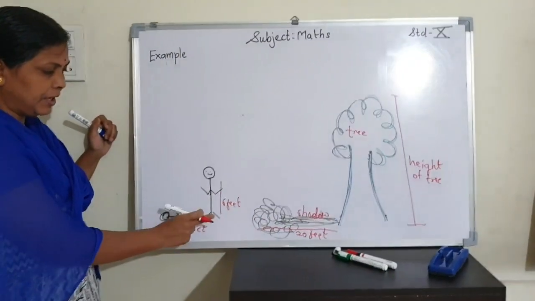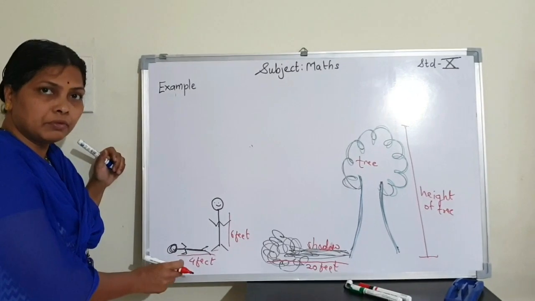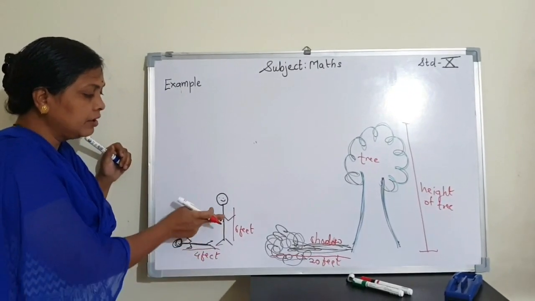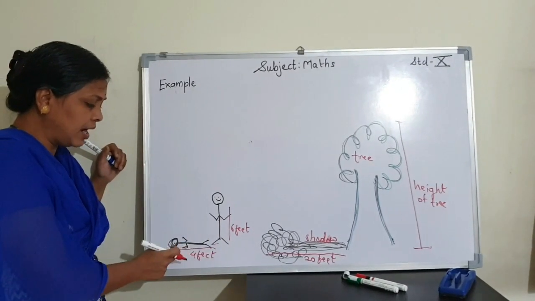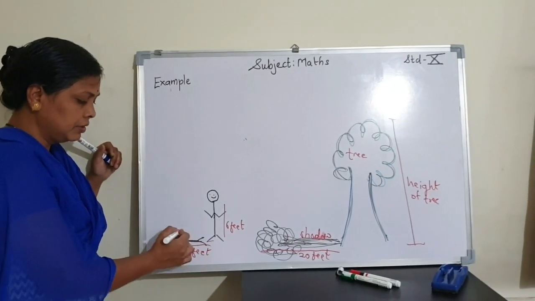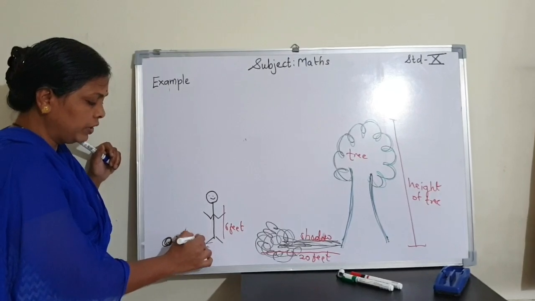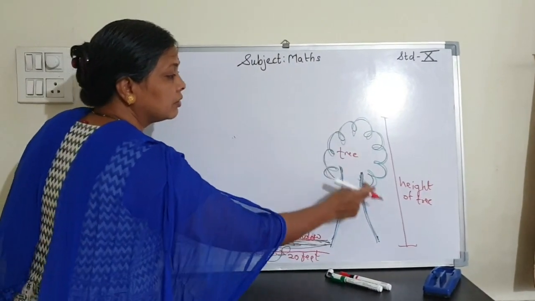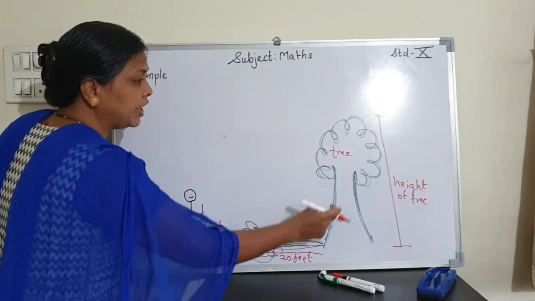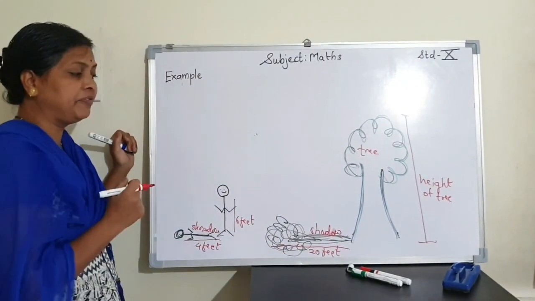So with the example here, we have two values: a 6 feet tall man casts a shadow of 4 feet. Then with the help of this, we have to find the height of the tree if it casts a shadow of 20 feet.